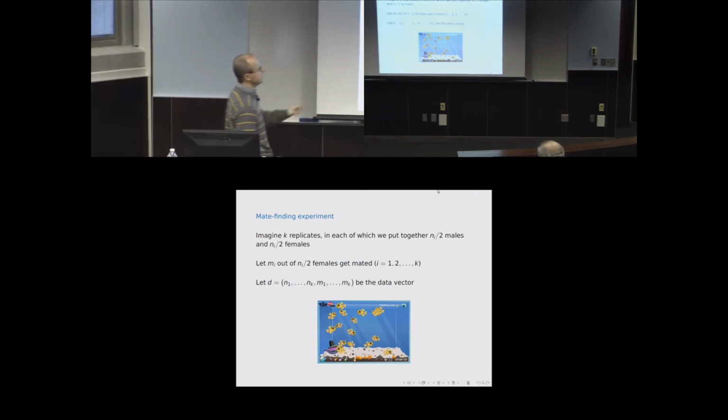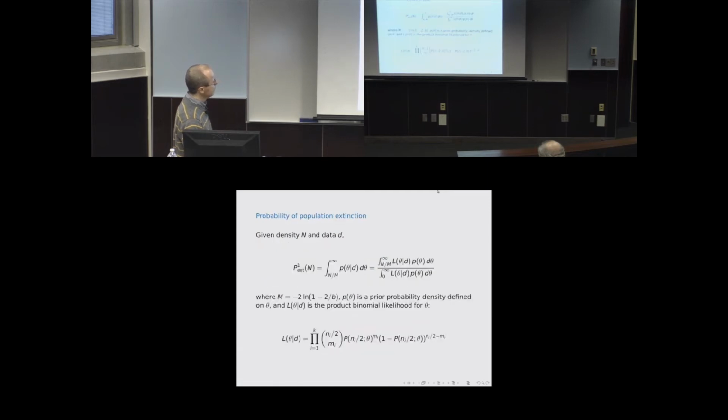So we have a vector of data: population sizes in the arena and numbers of mated females in each of these experimental replicates.